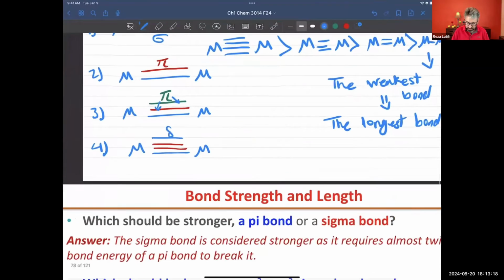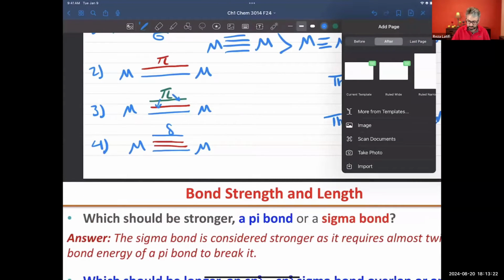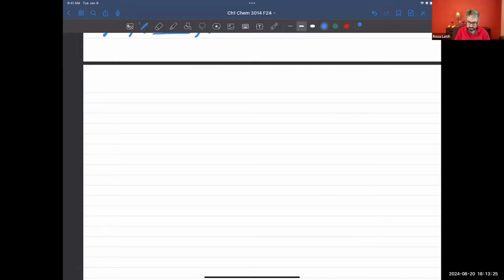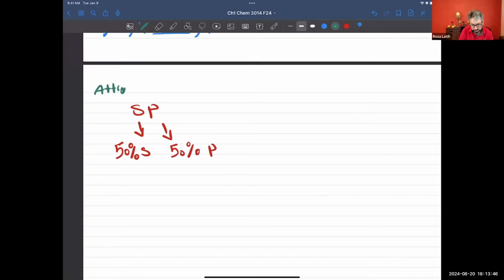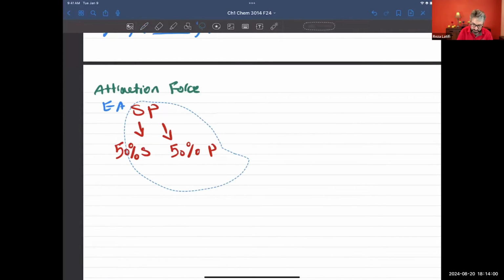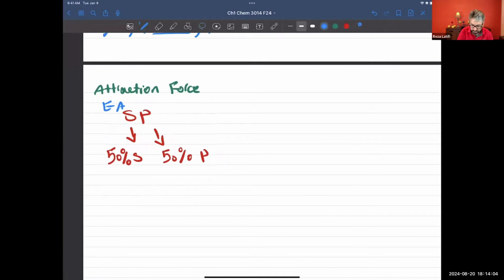What's the reason behind it? The s orbital is closer to the nucleus, and so the more s we have, the stronger the attraction. In sp we have 50% s character and 50% p character. This one is going to apply higher attraction force on the neighbor, or you can say the electronegativity of an sp hybridization will be higher than the electronegativity of sp2.